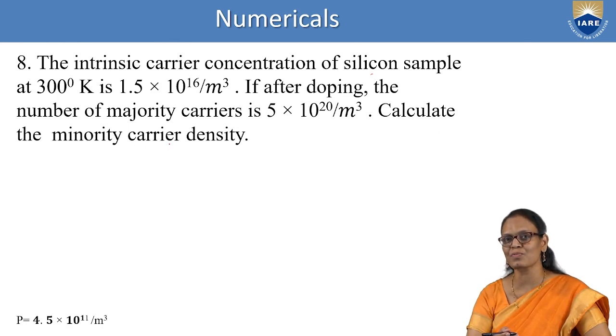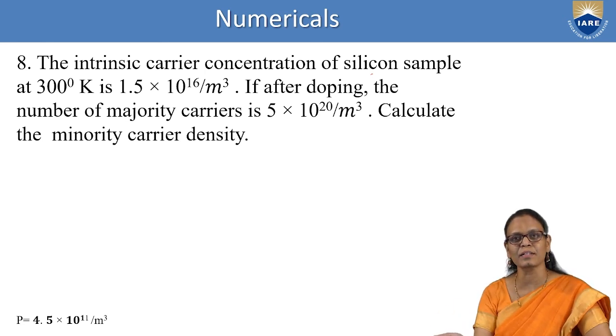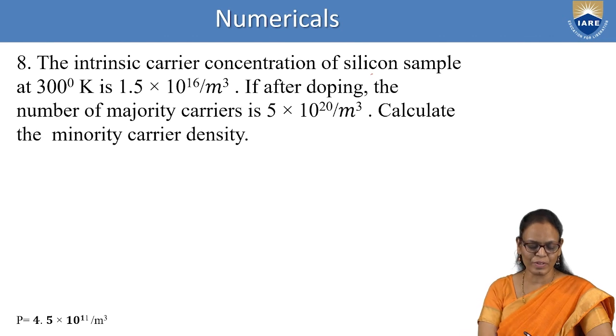Here we are talking in terms of majority and minority. So in case of N-type, the majority carriers are electrons and the minority carriers are holes. And if you take it for a P-type, the majority carriers are holes and the minority carriers are electrons. So we will use that concept and we will write the data and calculate the minority carrier density.